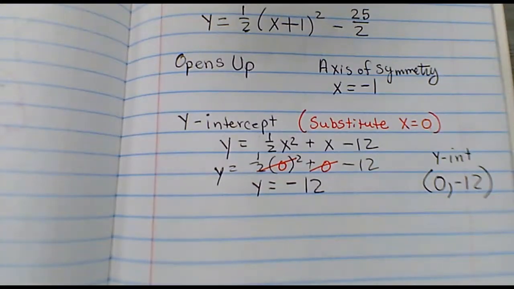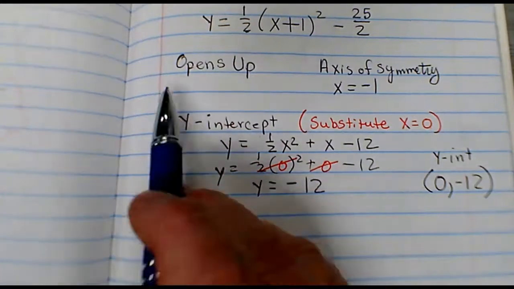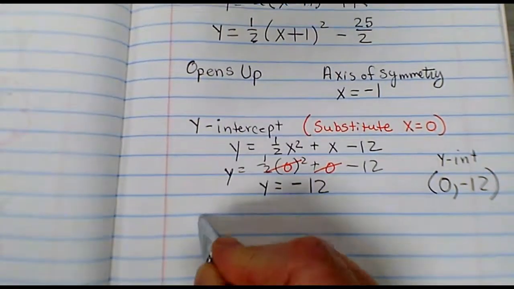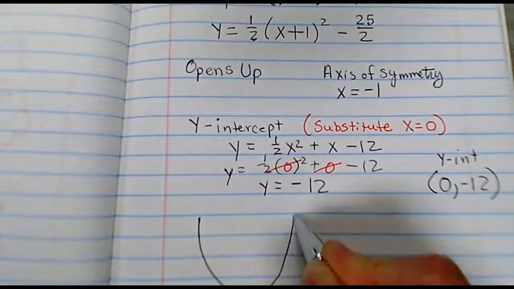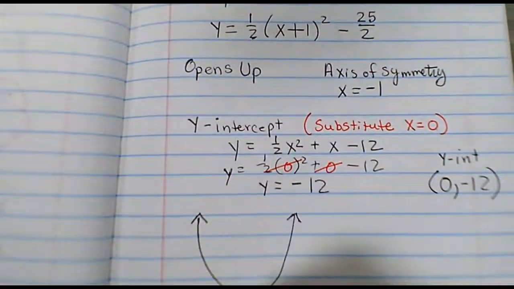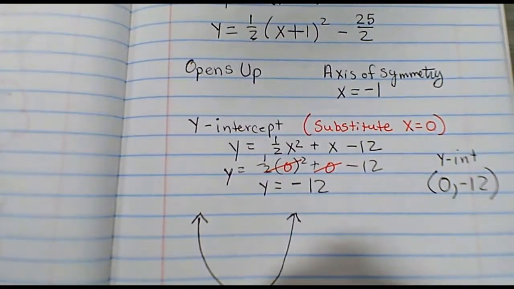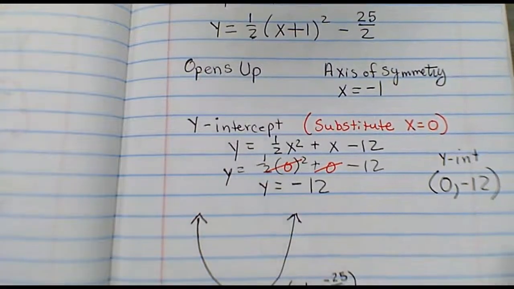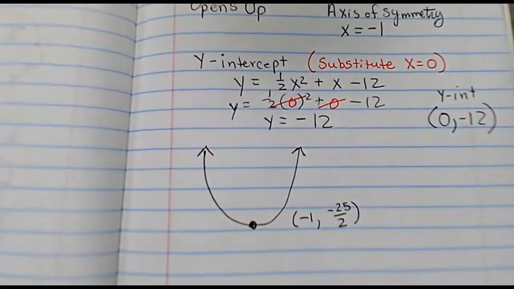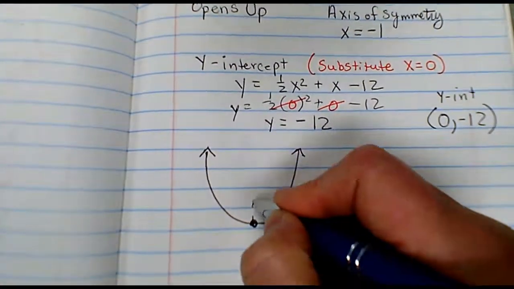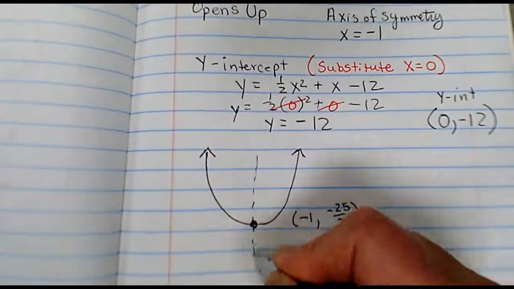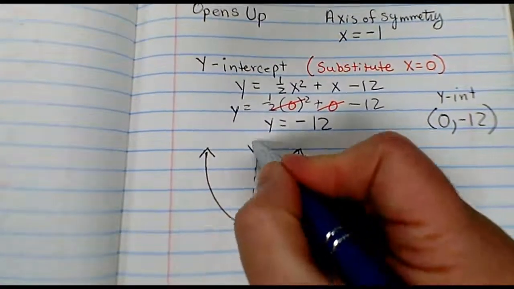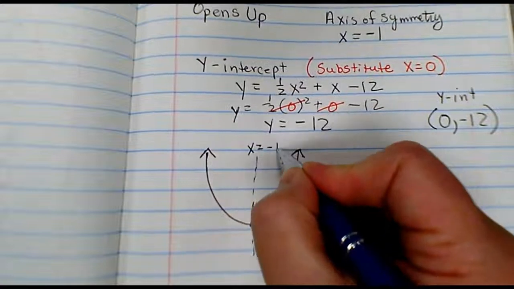We are going to make a very rough draft graph, and so my graph opens up, and it has a vertex point at -1, -25/2. And it has an axis of symmetry at x equals -1.